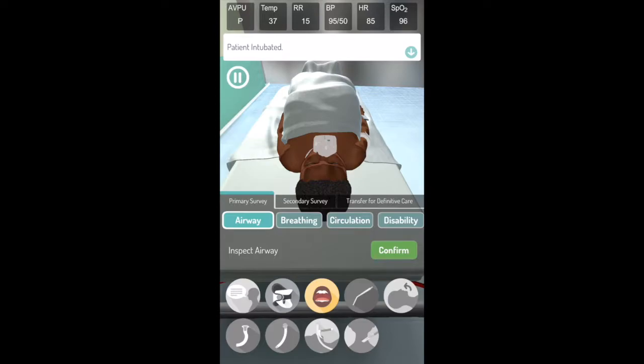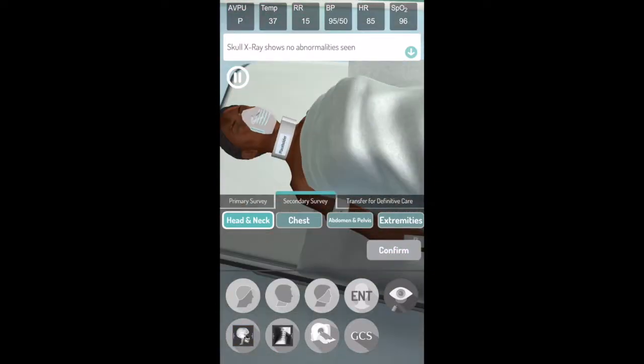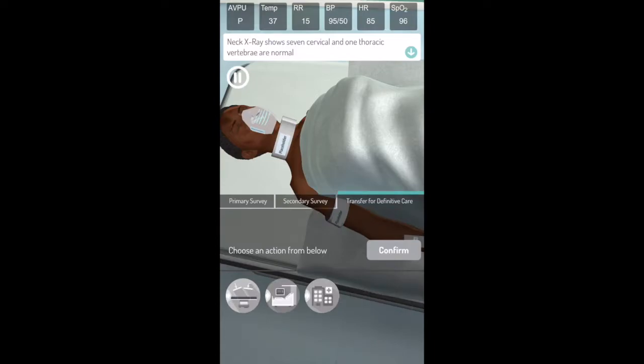We don't have a CT scan, but we can X-ray her skull, which reveals no abnormalities. The X-ray of her neck shows 7 cervical vertebrae. We visualize the cervical vertebrae on the thoracic vertebrae, all of which are normal. Because she has a head injury, we want to look at evidence for a basal skull fracture.